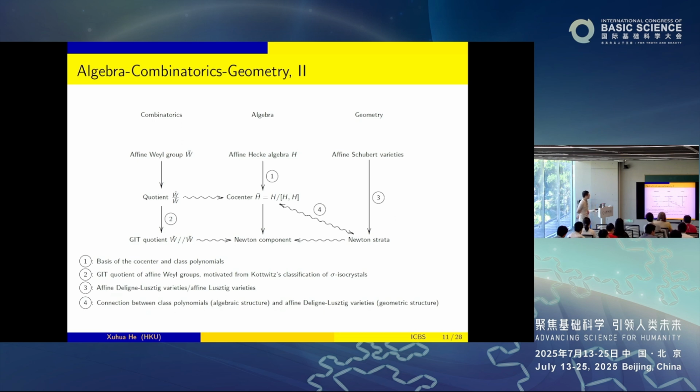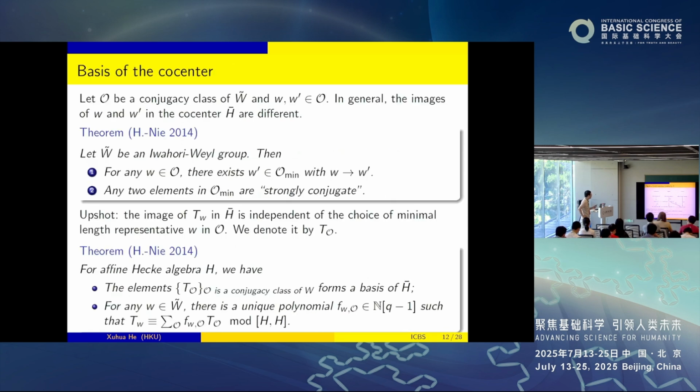It connects the algebra with the geometry: it connects the class polynomials, which carry the algebraic structure, with the affine Deligne-Lusztig varieties and affine Lusztig varieties, which carry the geometric structure.